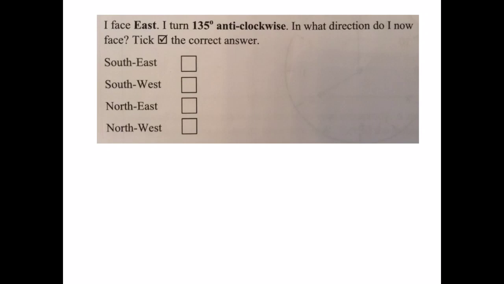I face east. I turn 135 degrees anti-clockwise. In what direction do I now face? First thing we need to do is draw ourselves a little compass: north, south, east, and west.